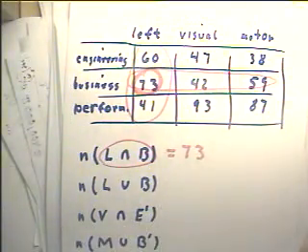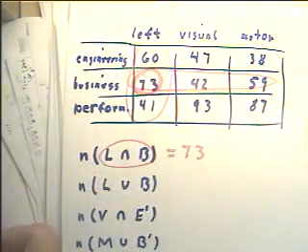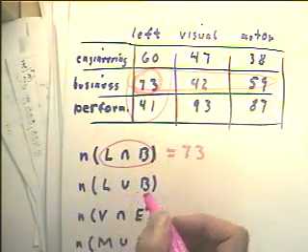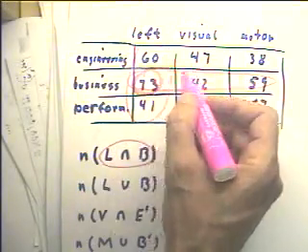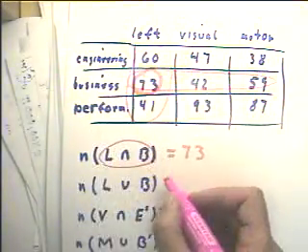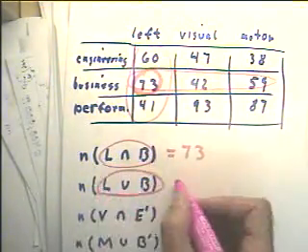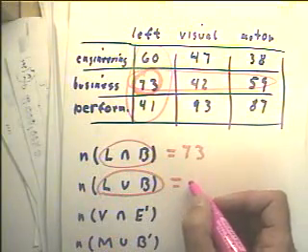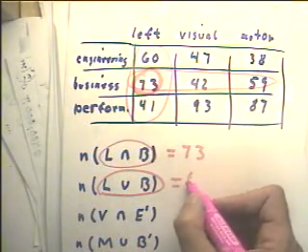What about L union B? Well, we can use the same highlight, except that L union B is going to consist of all these, right? So if we do this, we see that the number in L union B is going to be 60.